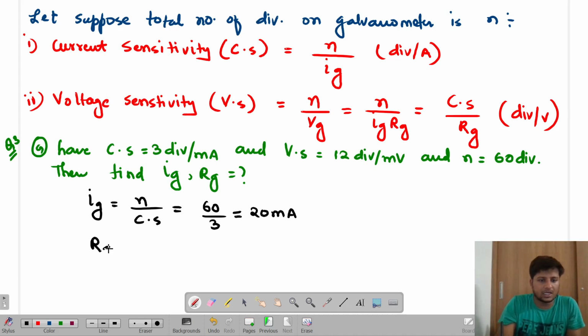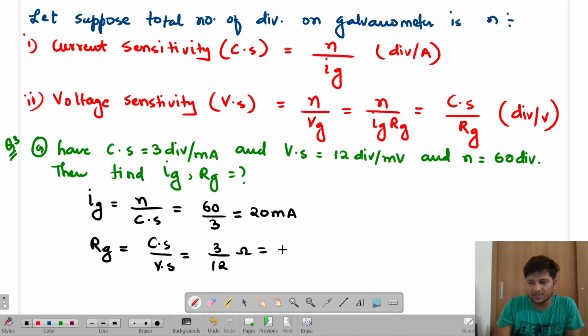Yes, and Rg is simply current sensitivity by voltage sensitivity. So that is 3 by 12, milli will cancel, and this will become simply ohms, isn't it? It will not be milli ohms. So this is 0.25. Are you able to get me or not?